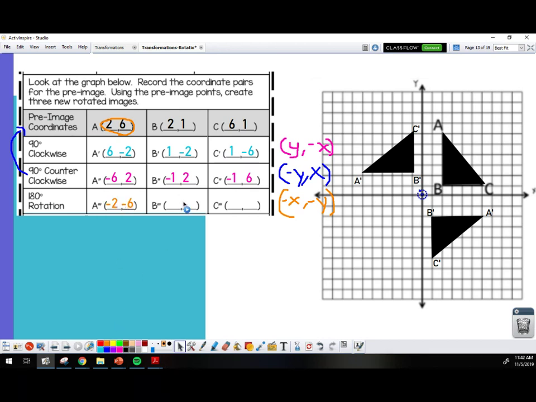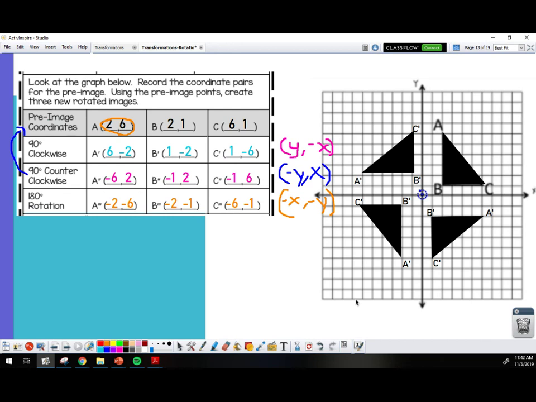B prime would be negative 2, negative 1. And C prime would be negative 6, negative 1. And that rotation would look like this. And again, you should be plotting those points and seeing the rotation for yourself as well.